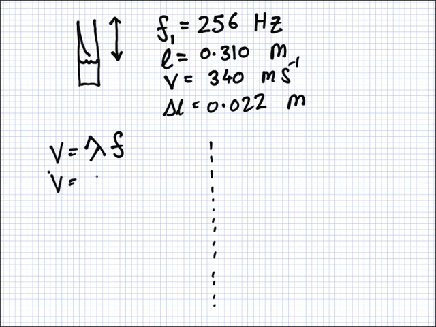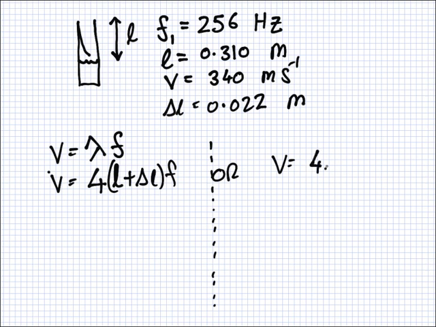So V equals 4L plus delta L F, or V equals 4L plus delta L F. Wonderful.